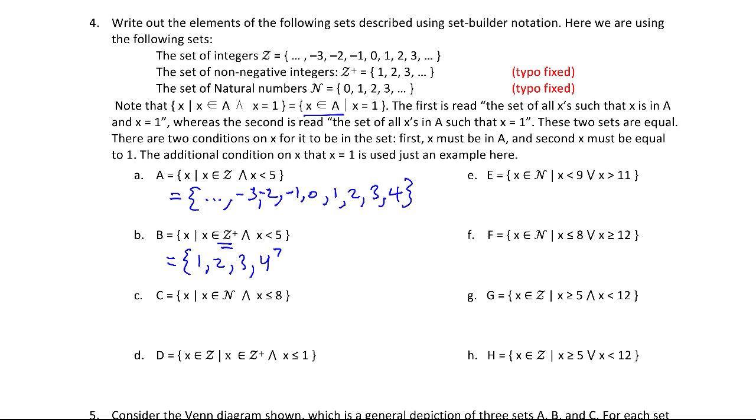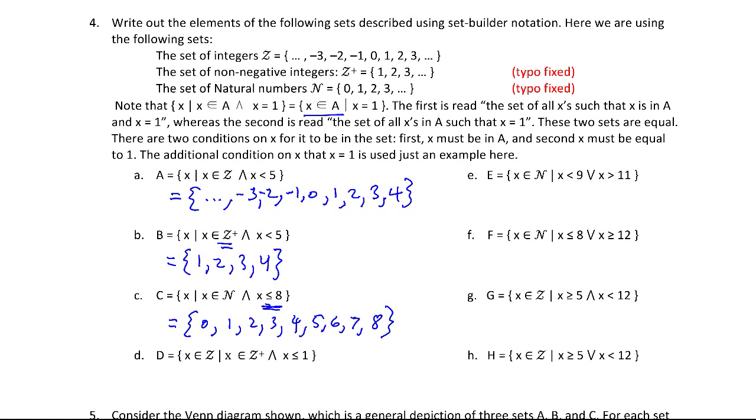And so here's our set. Okay. For set C, it has to be in the natural numbers, counting starting at 0, and it has to be less than or equal to 8. So I'm going to start at 0, 1, 2, 3, 4, 5, 6, 7, 8 is included because it's less than or equal to here.